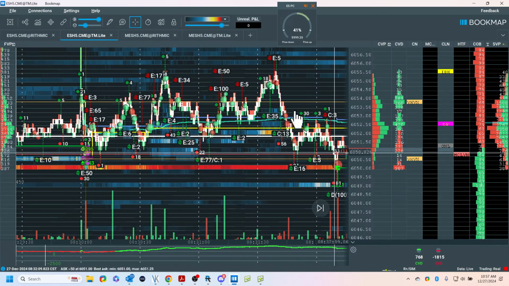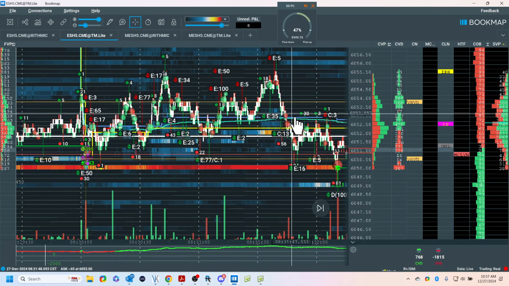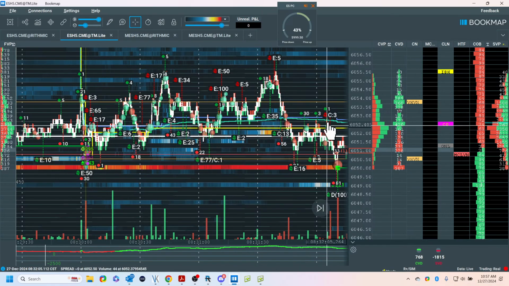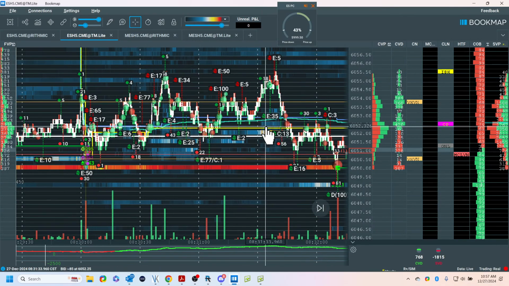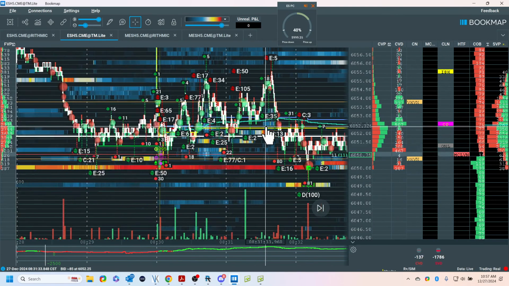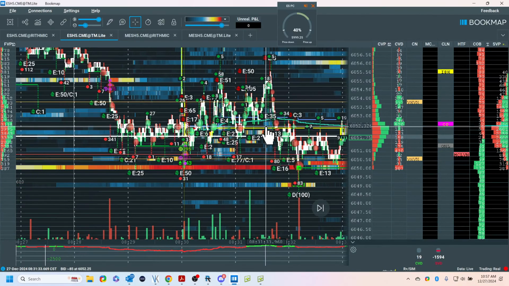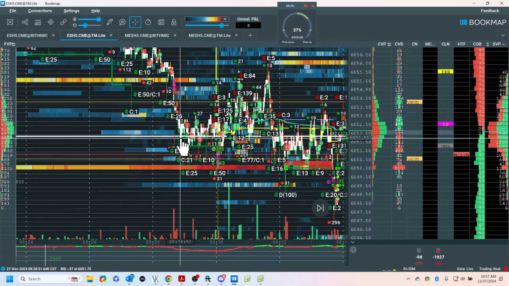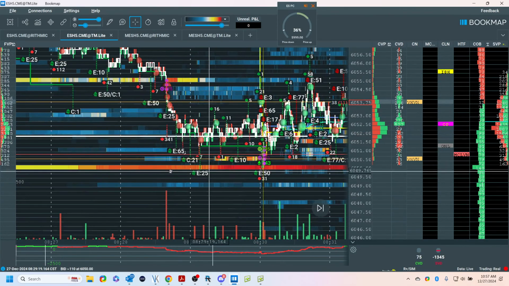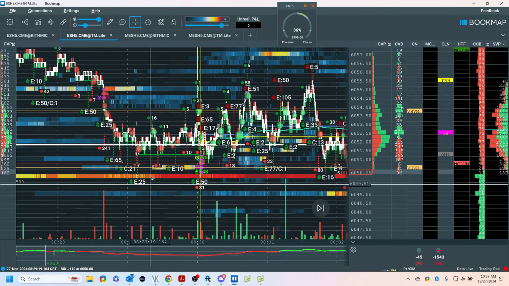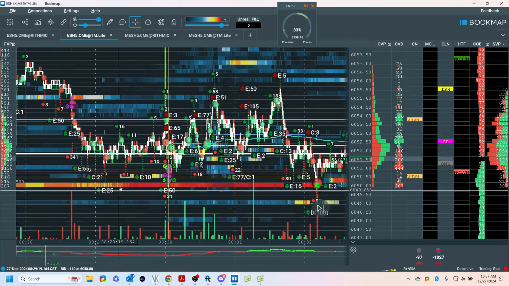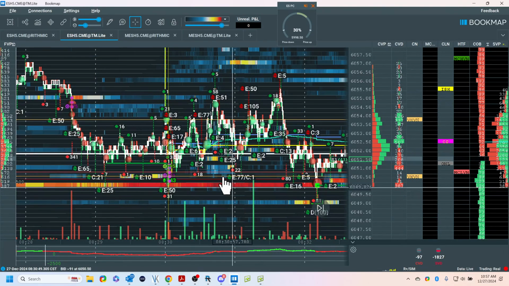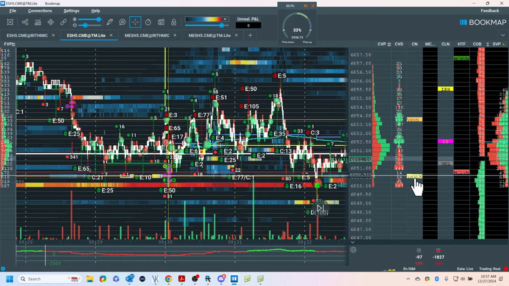We broke below. These guys are under the bus, these buyers. There's your VWAP, there's your mid. So let's just see what happens here. So you have a short and you have your variable high volume node.